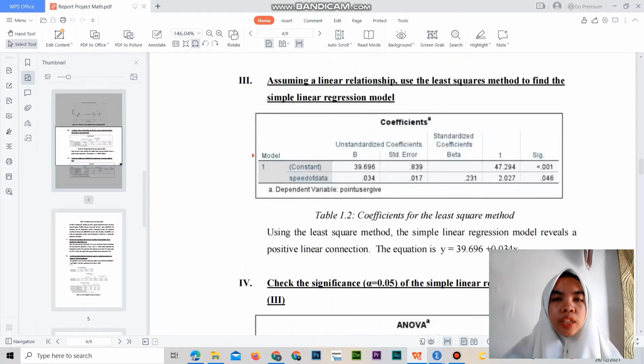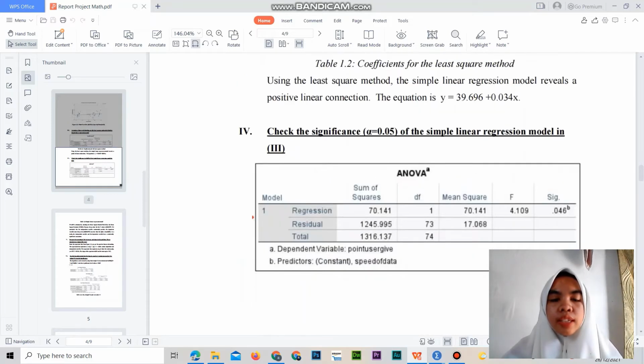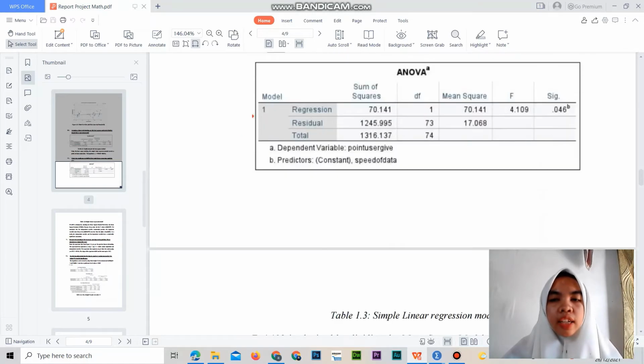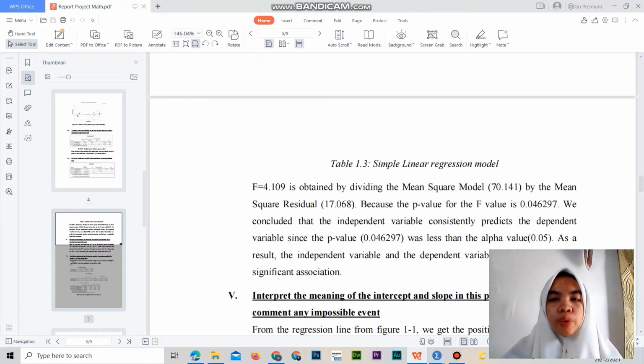For part 3 we use the coefficient table, and from here we can see that the constant value is 39.696 and the slope is 0.034. For part 4 we get the F value, which is 4.109, and the p value, which is 0.046297.